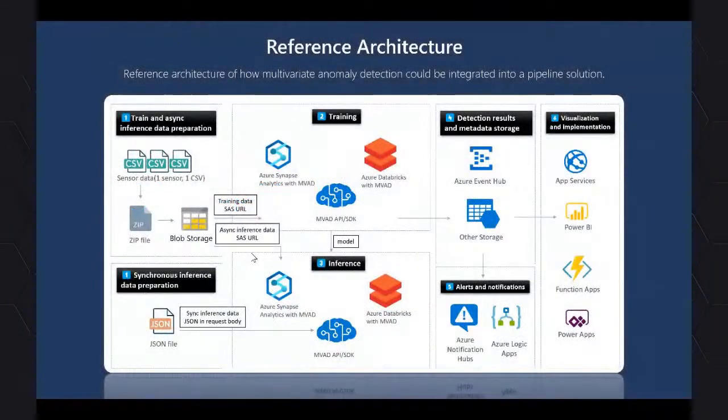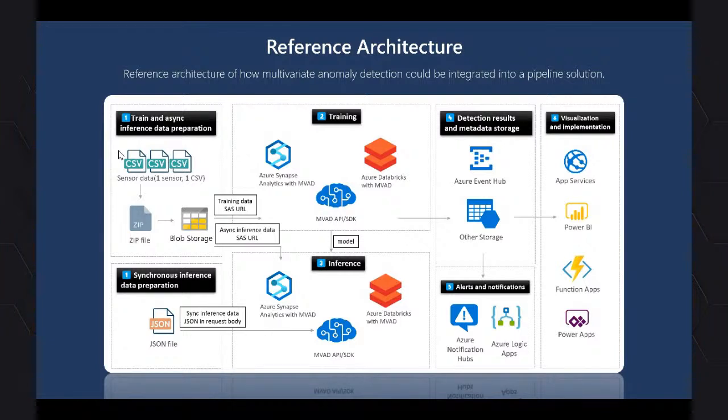So now let me tell you a reference architecture, how you can build it and what's the rationale within this multivariate anomaly detection. First of all, the training and inference data preparation part. If you are using the training and asynchronized API, you first will generate different sensors in different CSV files. Why are we doing that instead of combining them in just one CSV file?